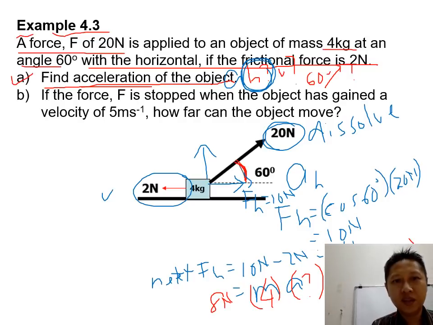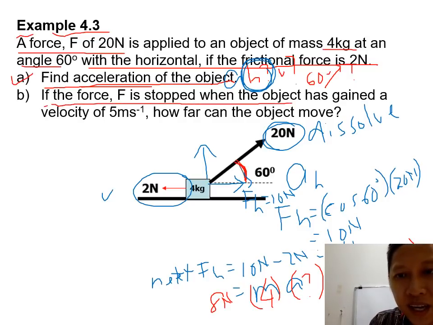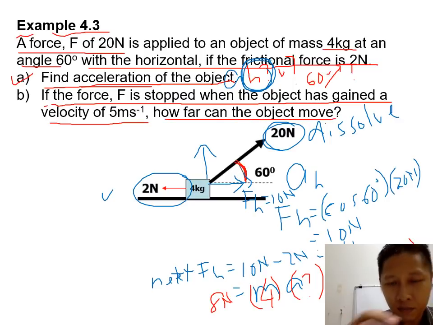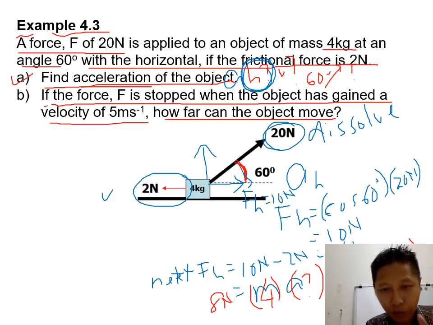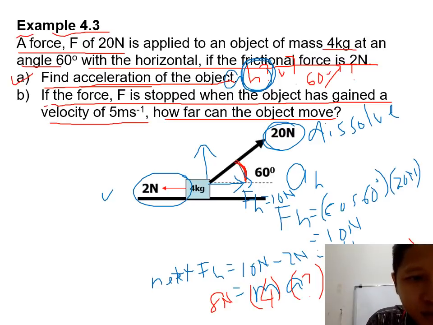Done. B, if the force F is stopped when the object has gained a velocity of 5 meters per second, how far can the object move? For this case, the block is pushed, and then I stop pushing it, and we see that the block is still moving, and we say that this is the starting velocity of the block.